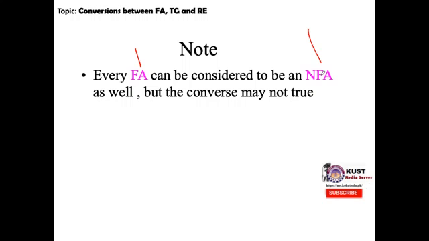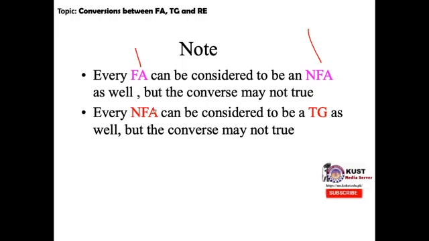So every FA is basically an NFA, but the converse may not be true. Similarly, every NFA can be considered to be a transition graph. Remember, in a transition graph there were certain relaxations. If you do not use those relaxations, then it can be equivalent to an NFA or FA, but the converse may not be true.